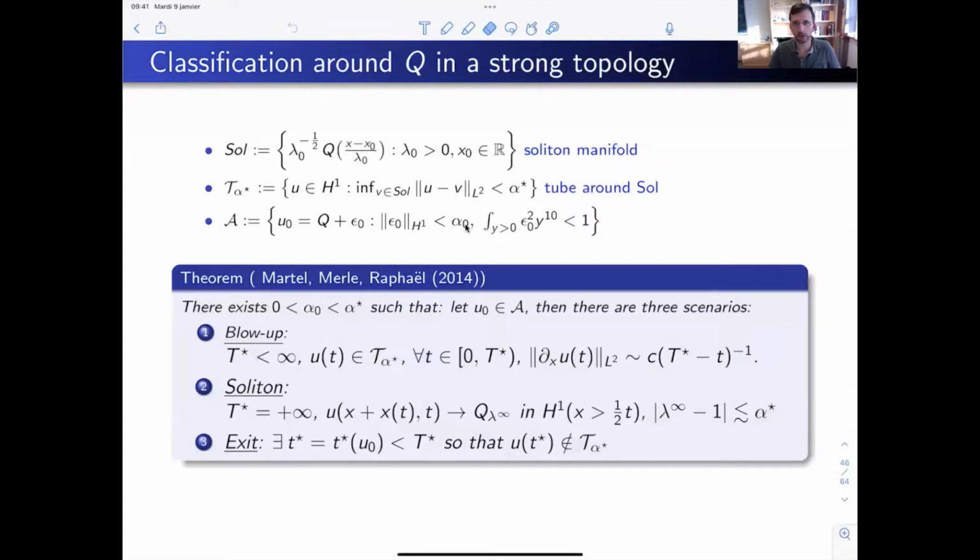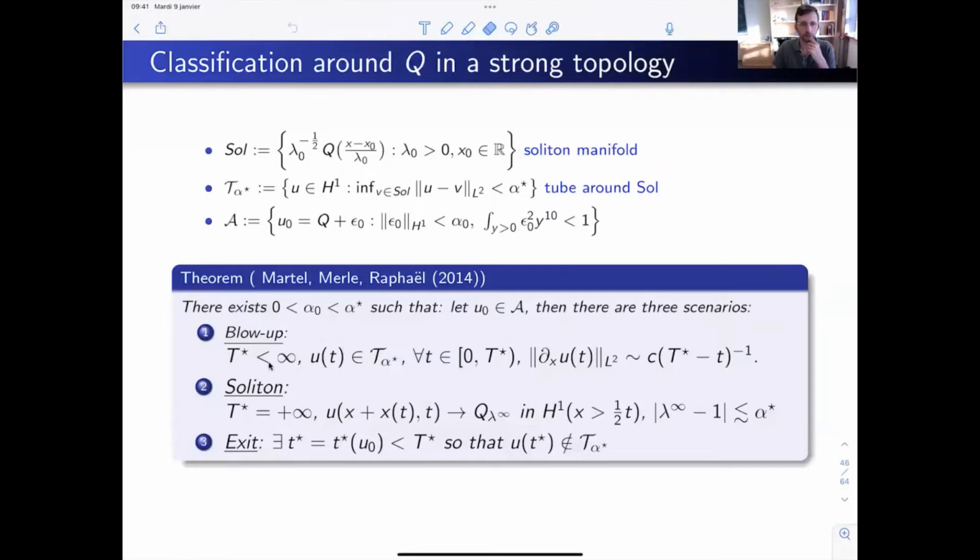But on the other hand, we also impose a decay assumption on the right. The difference of the initial data minus Q has to decay at least as y to the, I don't know, 11 or 12 or something like that on the right. So really you have to impose a decay on the right. If you do that, then you have a classification. So you have three possible scenarios.